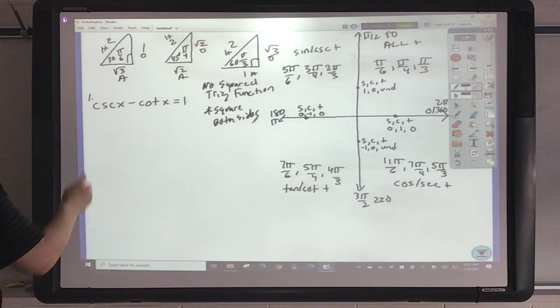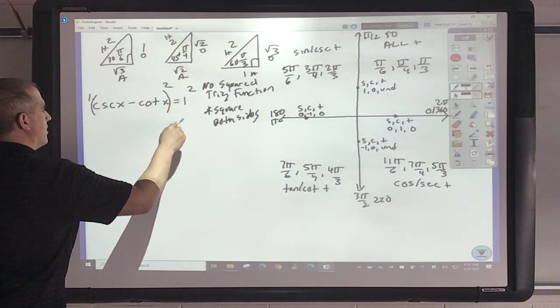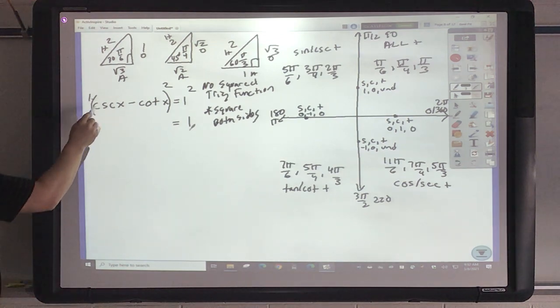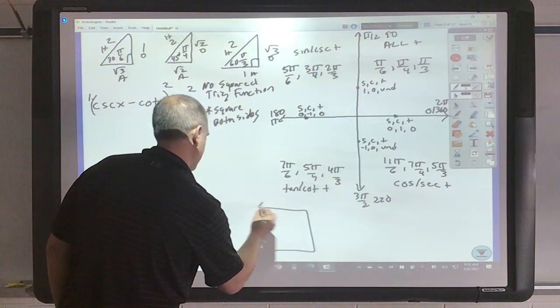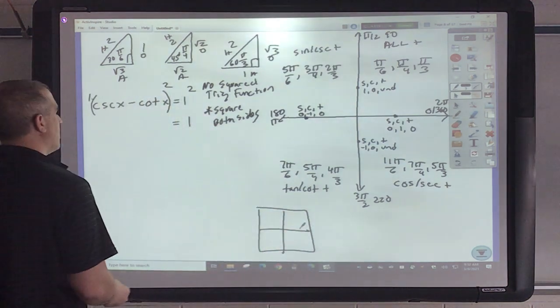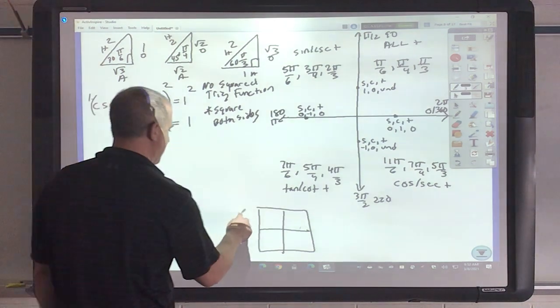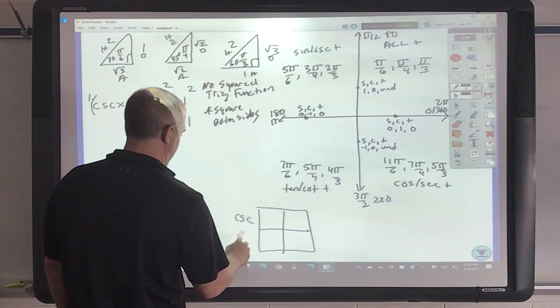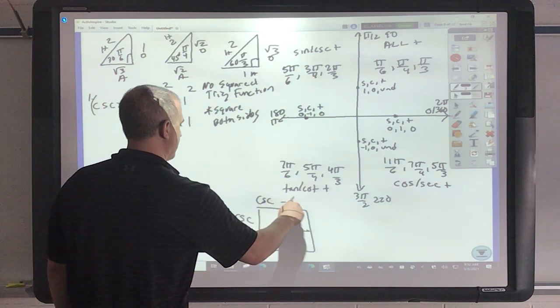All right, so that's going to just be 1 over here. Now, if you got to do a box for this, that's fine. You can treat them as x and y if you want to do that, but let's go ahead. I got cosecant minus cotangent.